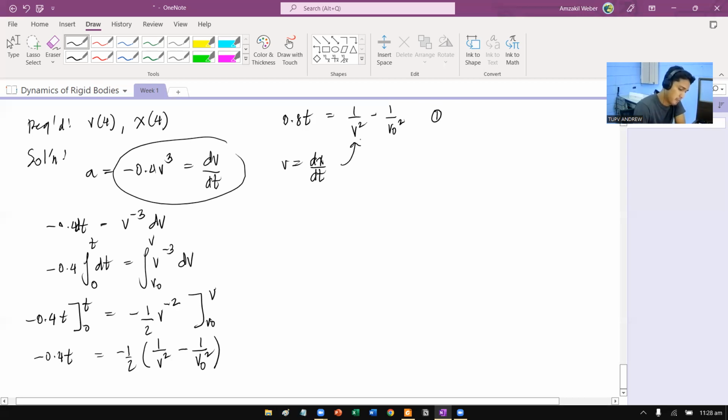Let's see. 1 over v squared is 0.8 t plus 1 over v naught squared. So v is 1 over the square root of 0.8 t plus 1 over v naught squared.